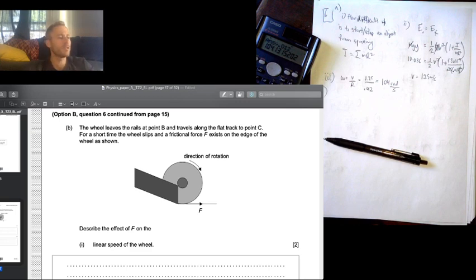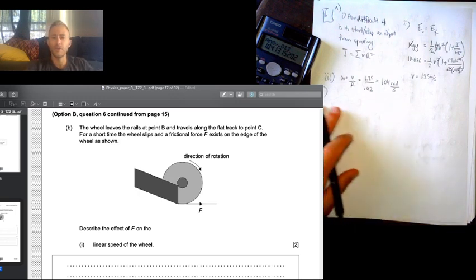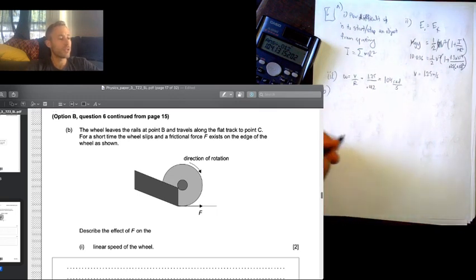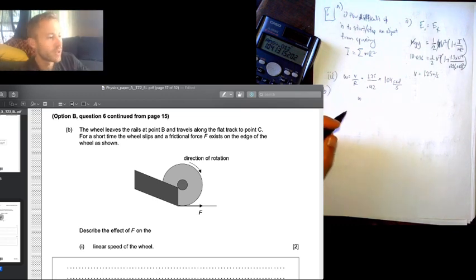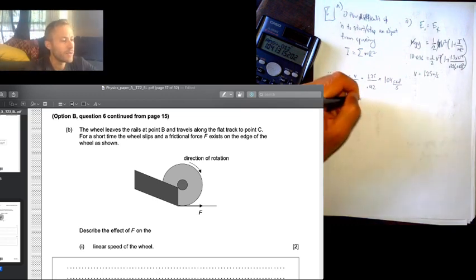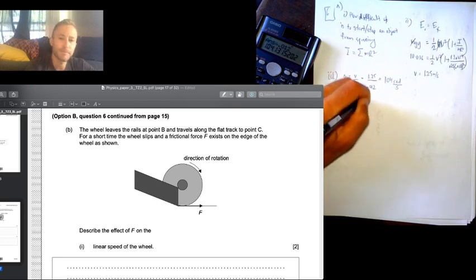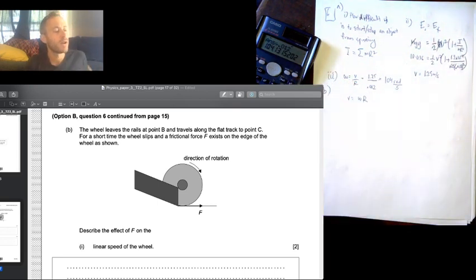Okay, so basically the issue is that notice how the radius starts to change. So we have v equals omega r.